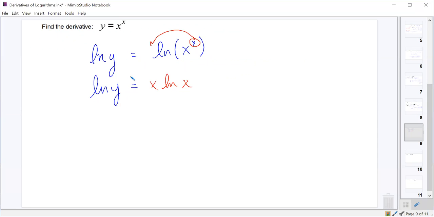So what's the derivative of natural log of y when you do it with respect to x? One over y, and since we took the derivative of a y term with respect to x, it needs a dy dx. And on the right-hand side, how do we take this derivative?